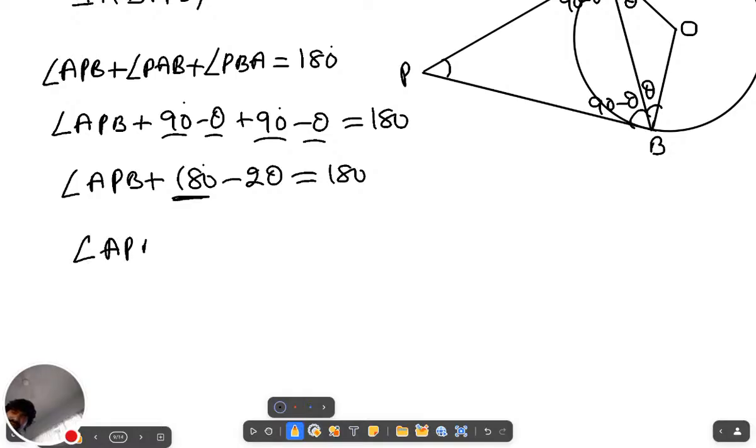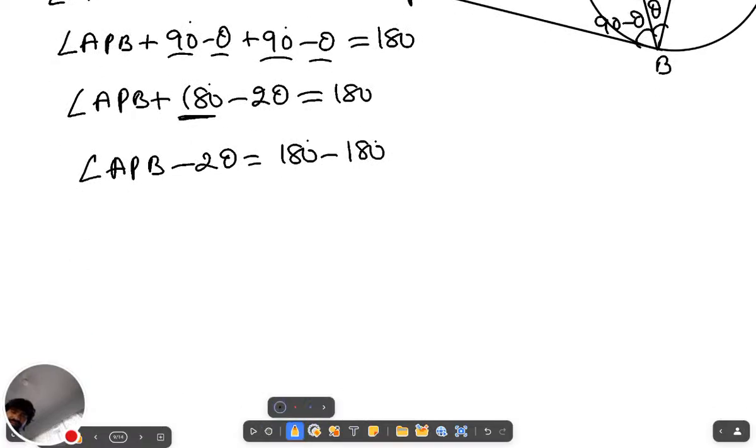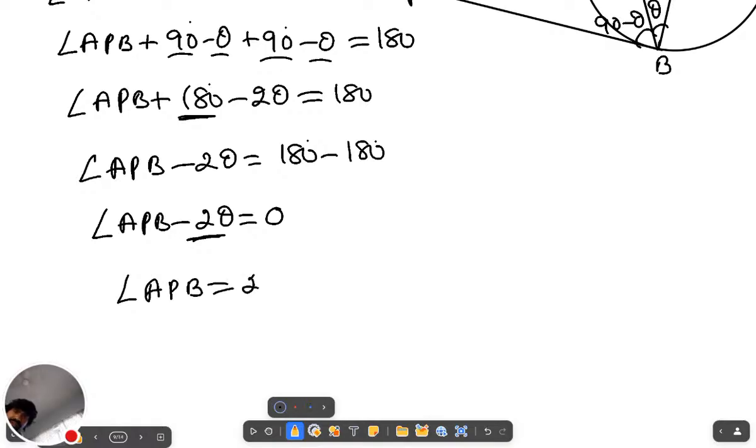Angle APB minus 2 theta equals 180 degrees minus 180 degrees, which is 0. Now send this minus 2 theta to the right side. Angle APB is equal to 2 theta.